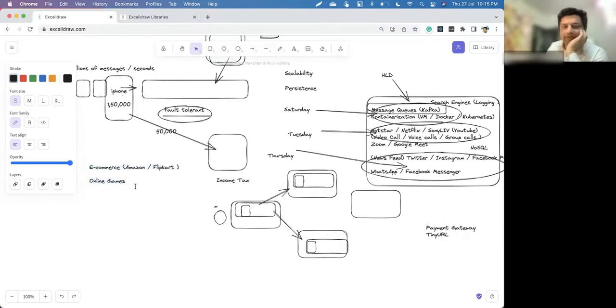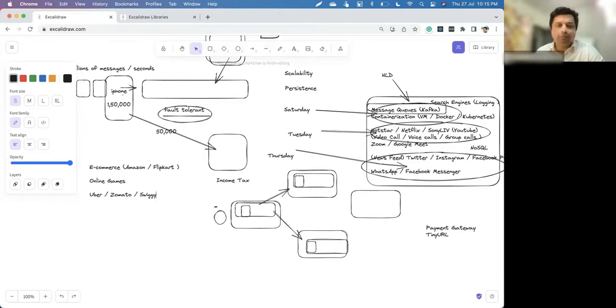And when we will be covering message queue, I will also discuss one more use case, which is about Uber. Uber also uses something like a message queue, and so do Zomato and Swiggy. These are like the Uber architecture.